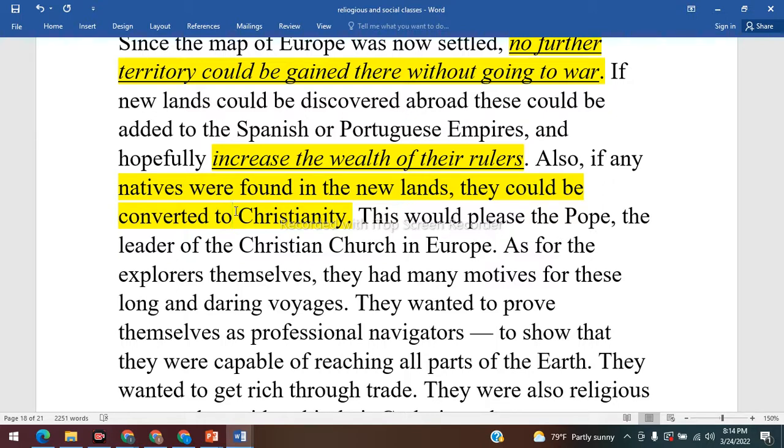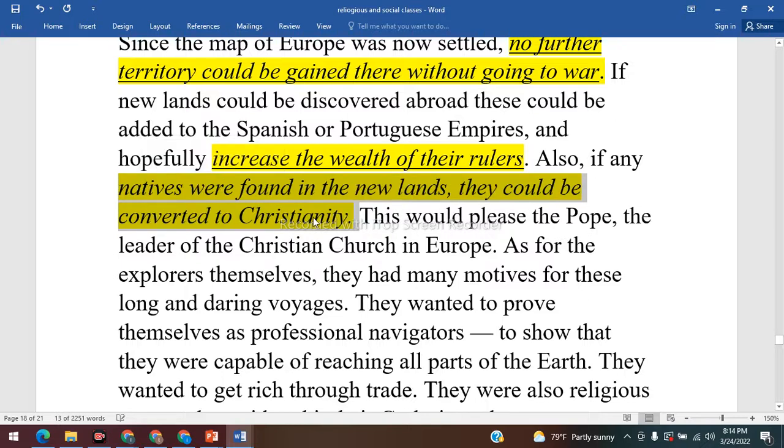The people who were there in the new land. The people who are already there, right? They are the natives, right? And so they would also try to convert them to Christianity, and this would please the Pope. So that was another reason why they would do it.